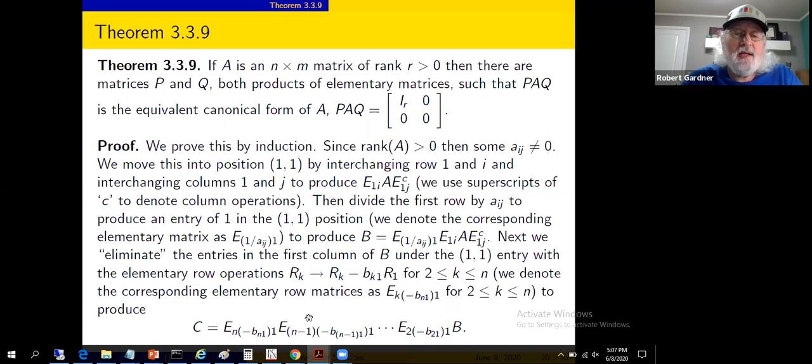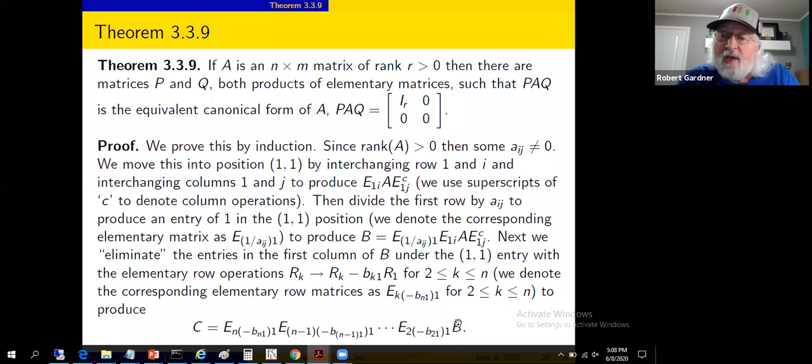Here are the corresponding elementary matrices. Remember, I'm trying to take matrix A and surround it with elementary matrices. So here's where we are so far. We've taken A, we've done something to the left and to the right of it. We followed that up by something else to the left of it. We just followed that up by a bunch of stuff to the left of it.